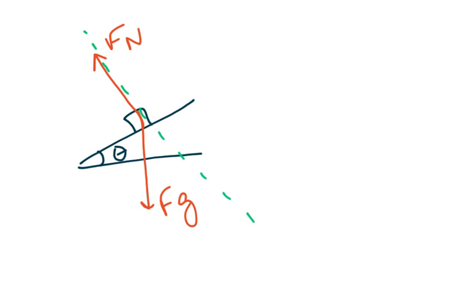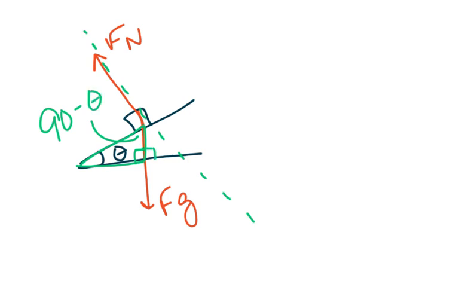I can see I have some right triangles here. I have a right triangle here, so this is my 90-degree angle. That means this angle right here has to be 90 minus theta.